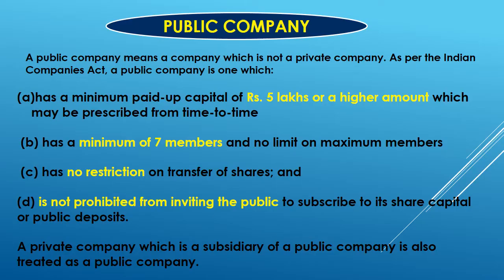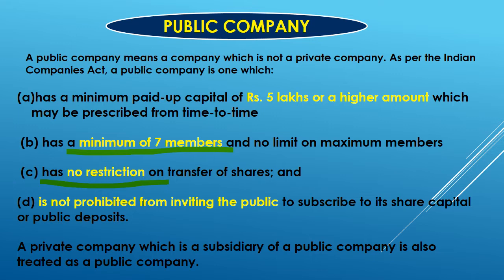The public companies. Now, like I told you, the private company's minimum capital that needs to be invested is 1 lakh. But for a public company, the minimum capital should be 5 lakhs. Then we told you the minimum number of members for a private company is 2 to 50, but here it is 7 to unlimited. Then can the organization sell the shares?